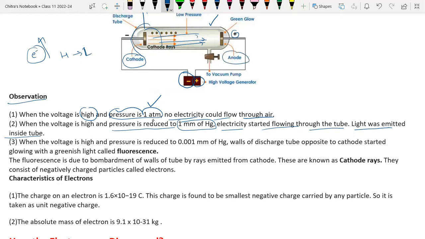That path appeared in the form of light.